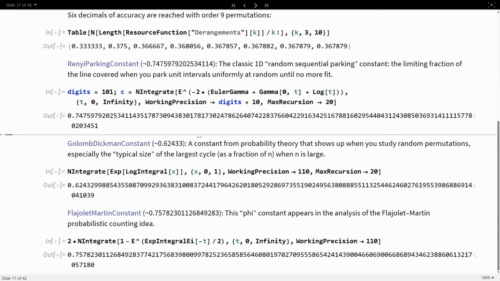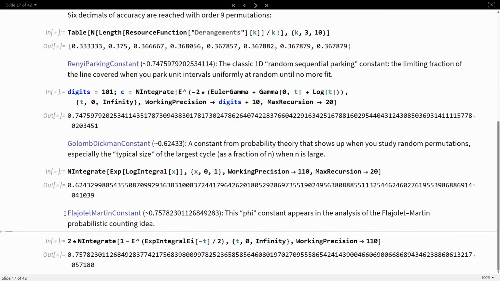Another that comes out is the typical size of a cycle in a permutation is usually about 0.62 the size of the whole permutation.